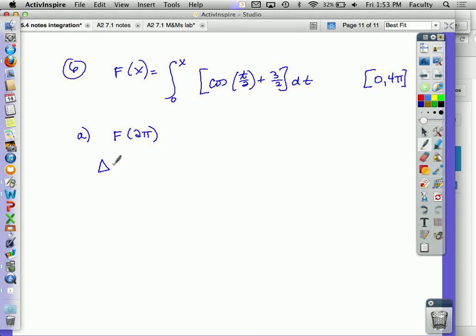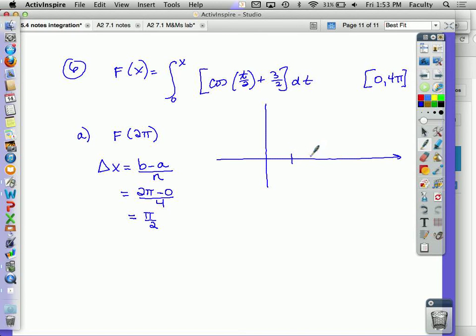So the first thing I need to do is find the width of the rectangle. So we do b minus a over the number of rectangles. So this is going to be 2 pi minus 0 over 4. 2 pi over 4 is pi over 2. So I'm going to make 4 tick marks to 2 pi.